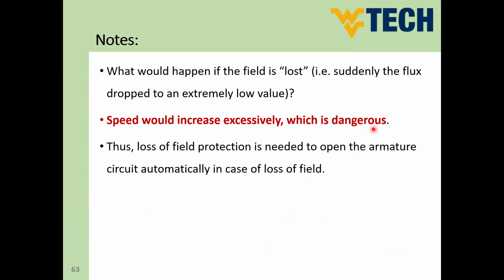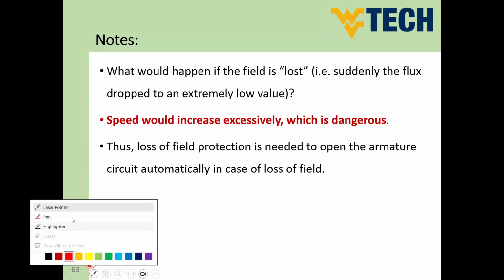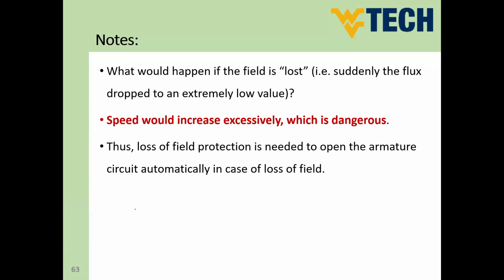We have here a few notes. What would happen if the field is lost? This is a very good question here, guys. If the field of a separately excited motor is lost, theoretically, if we write down the relation, you know that omega naught approximately equals V terminal divided by Ka times phi.